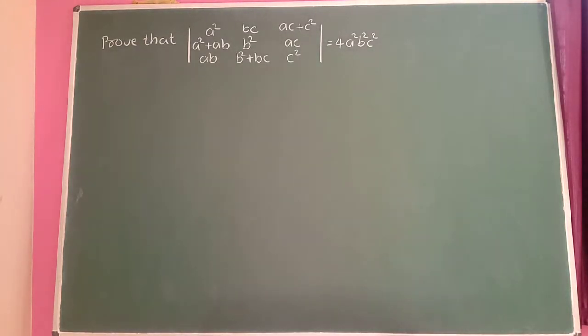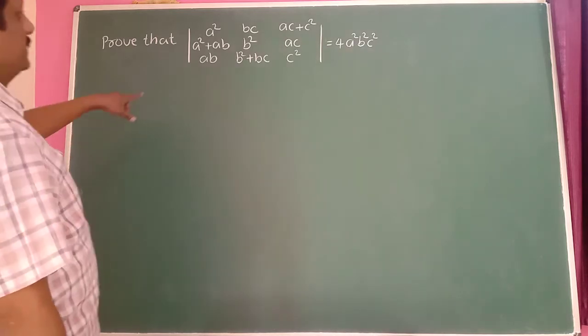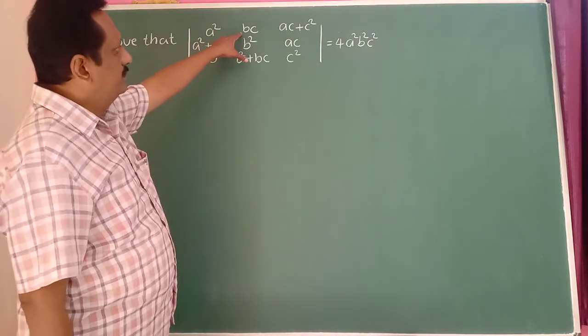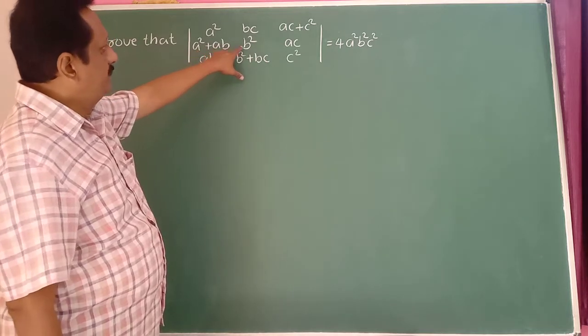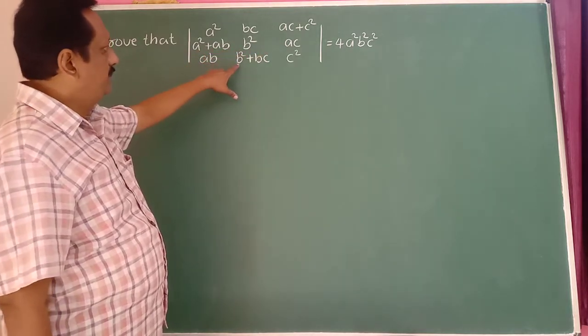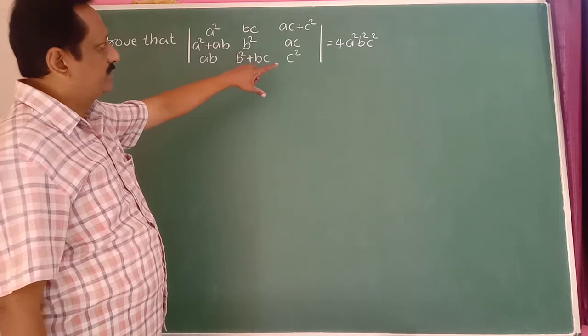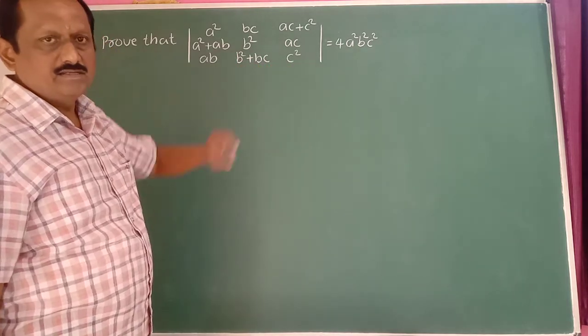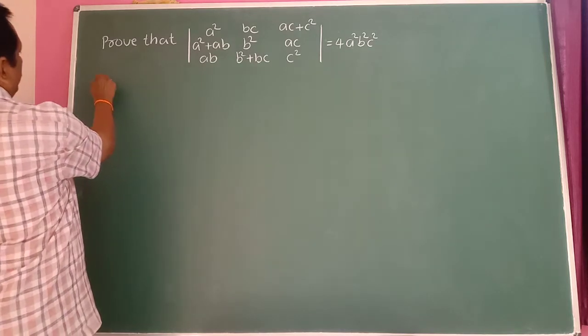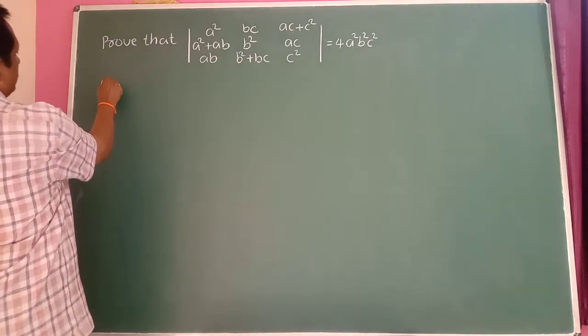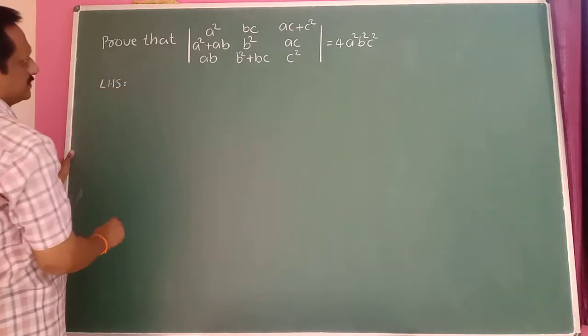Now prove that the determinant of a squared, bc, ac plus c squared; a squared plus ab, b squared, ac; ab, b squared plus bc, c squared equals 4a squared b squared c squared. Therefore, prove LHS equals RHS.